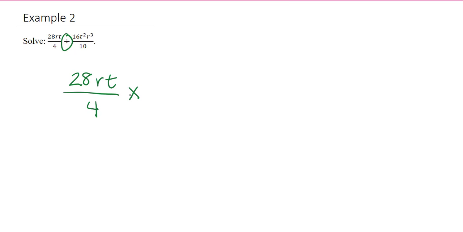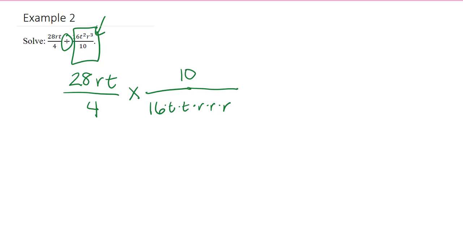We're going to change this to multiplication. Then we're taking the reciprocal of this fraction. So we have 16, and then we have t times t, and then we have 3 r's. So let's just expand it out. Then we're just going to put the 10 on the top.